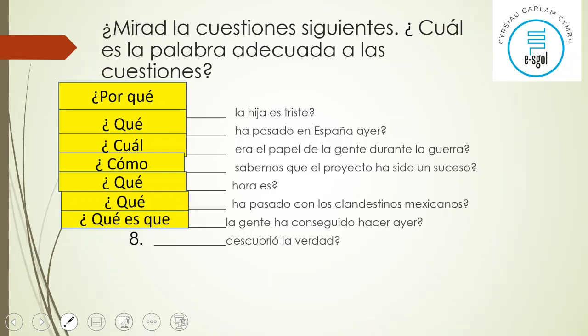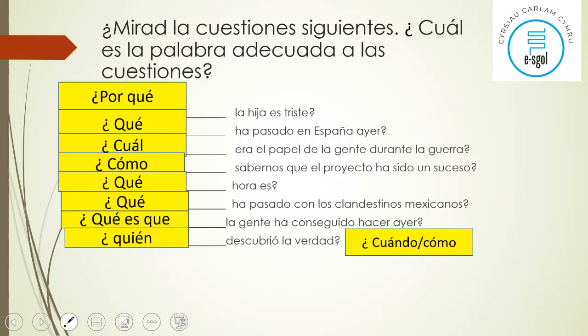What is it that the people managed to do yesterday? ¿Quién descubrió la verdad? Who discovered the truth? ¿Cuándo descubrió la verdad? When did he discover the truth? ¿Cómo descubrió la verdad? How did he discover the truth?